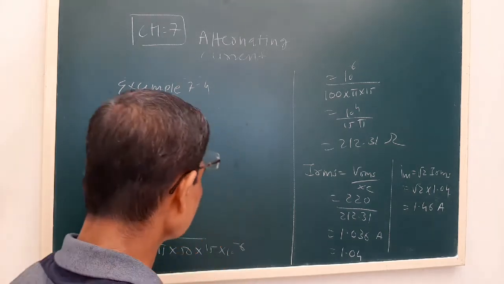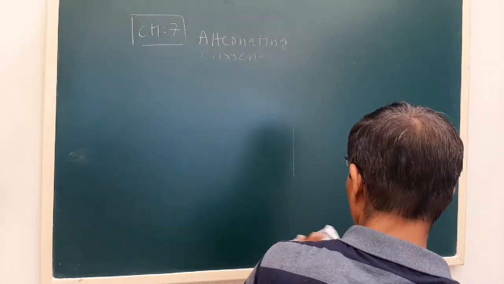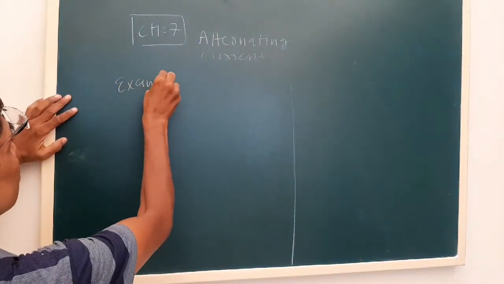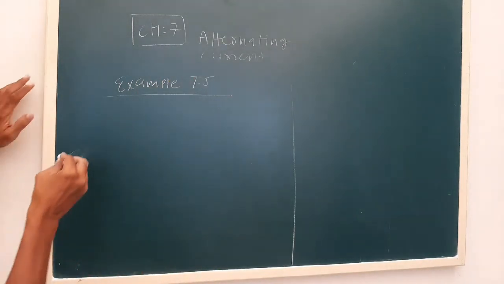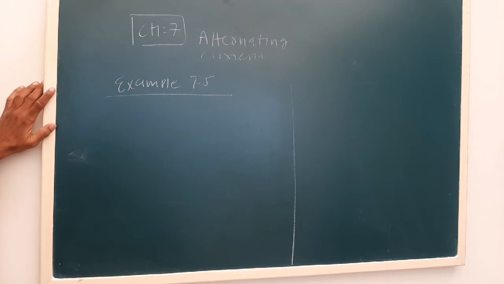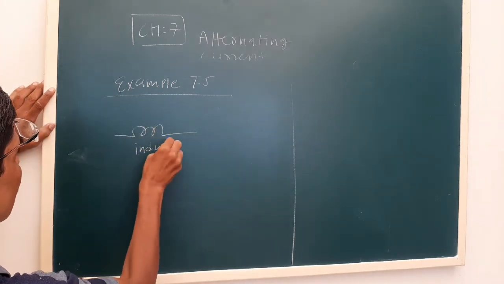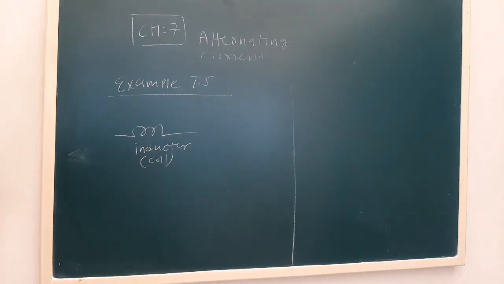Now see, our next example is example number 7.5. A bulb and an open coil inductor. The commercial name of the inductor is a coil.